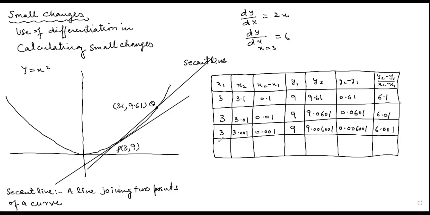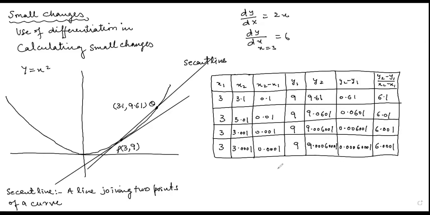Now I will move point Q more close to point P by taking the value of x as 3.0001. The change in x is 0.0001. y1 is the same. Now the value of y is 9.00060001, and the change in y is 0.00060001, and the gradient of the new secant line is 6.0001.